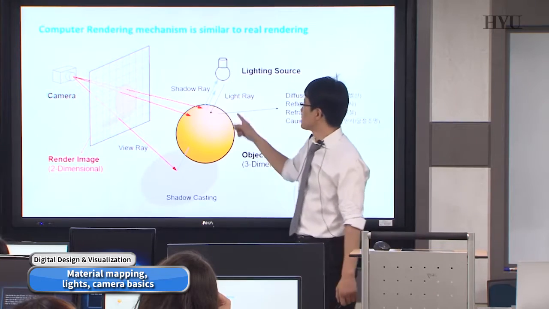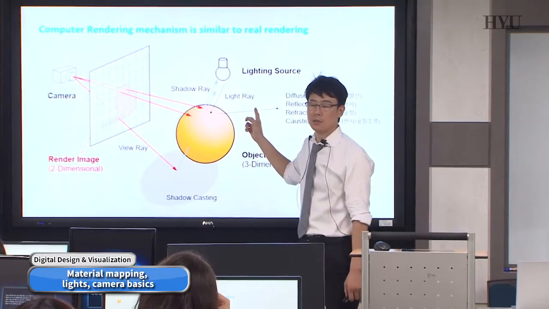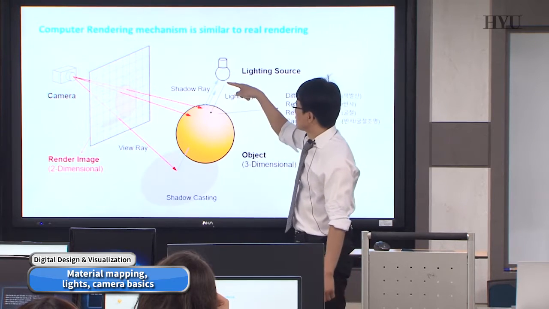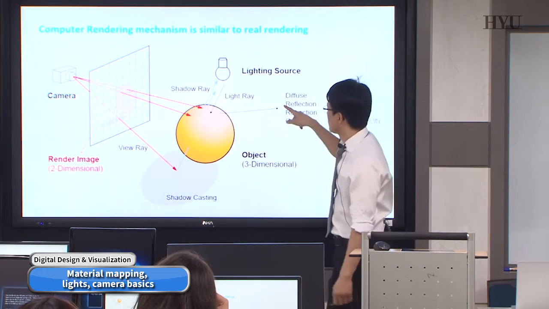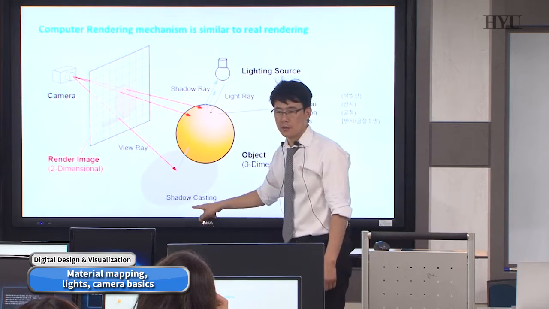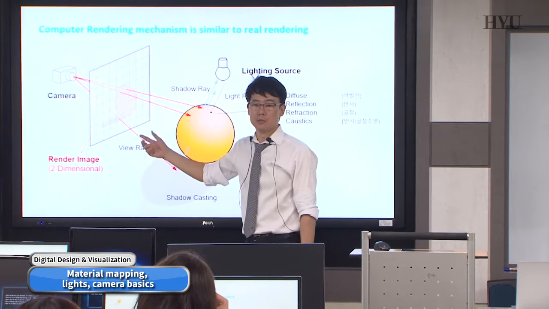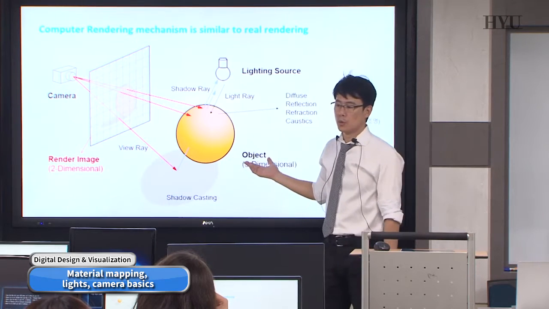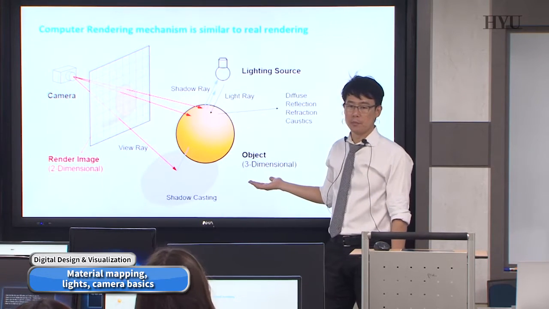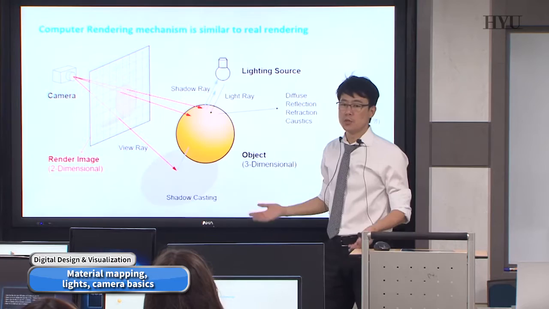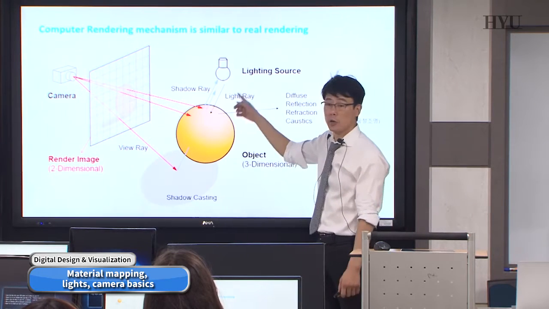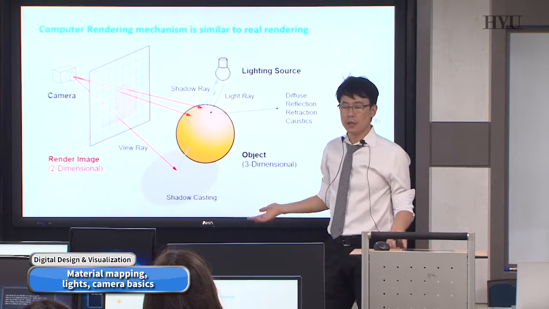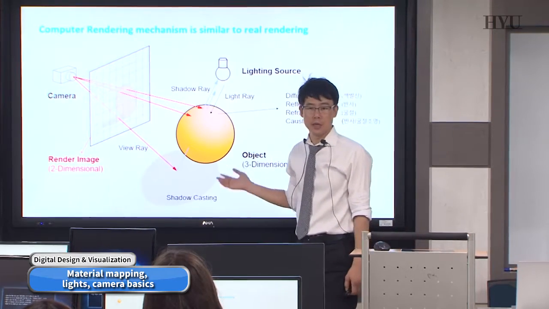But the problem is light rays, millions, at least hundreds, thousands of rays. Each single ray should be tracked one by one until the end of the light ray, where it disappears. So how to calculate them? Computer CPU and GPU are in charge of calculating this series of equations. That is why rendering takes really long time, okay?